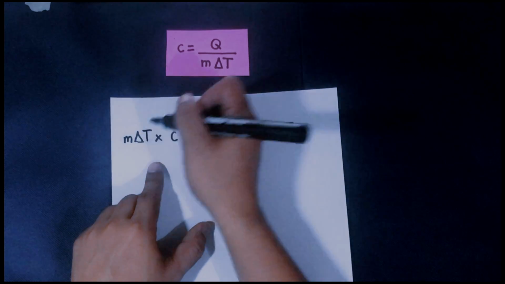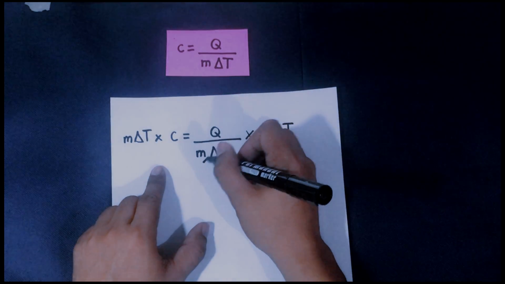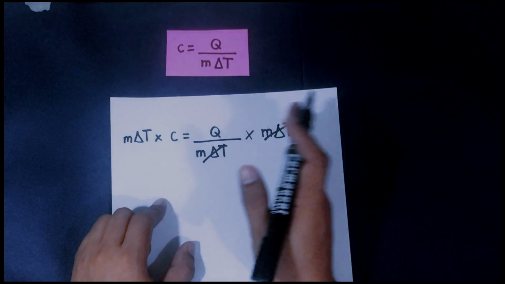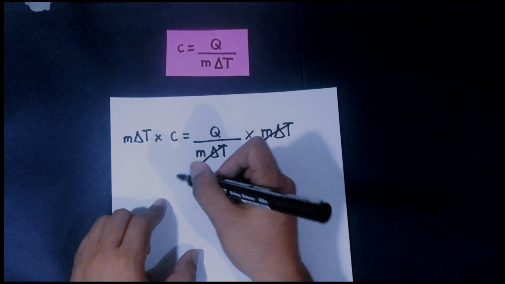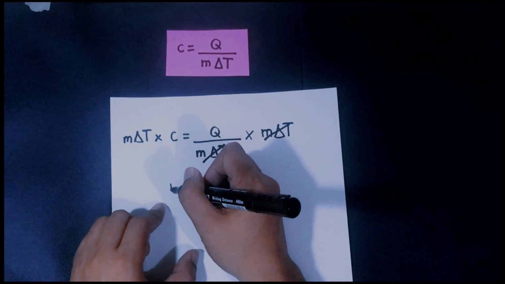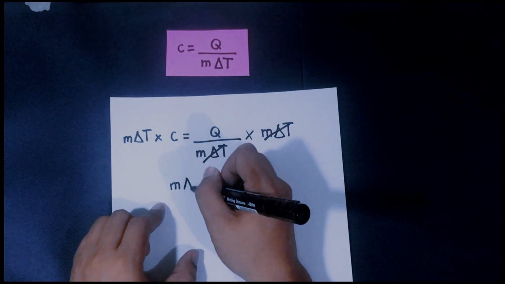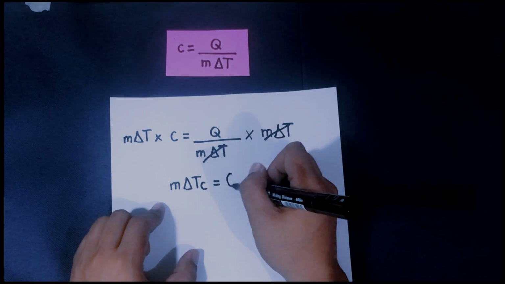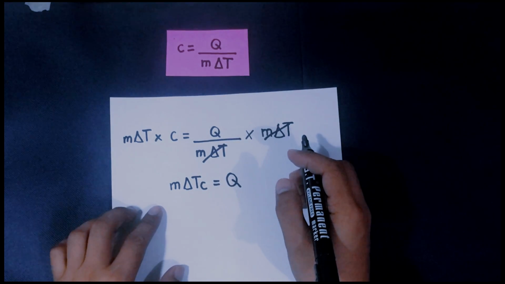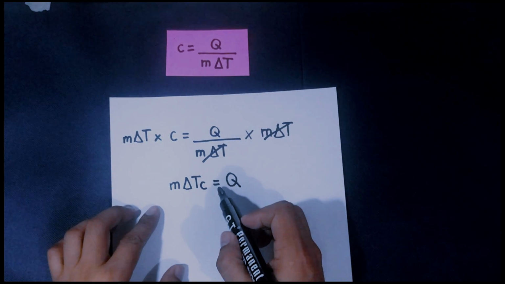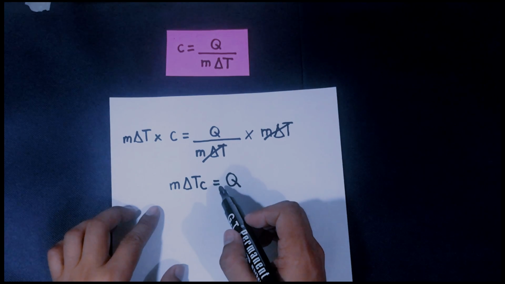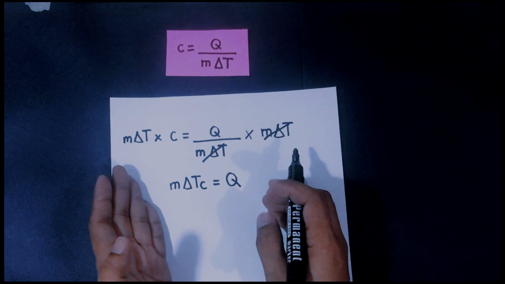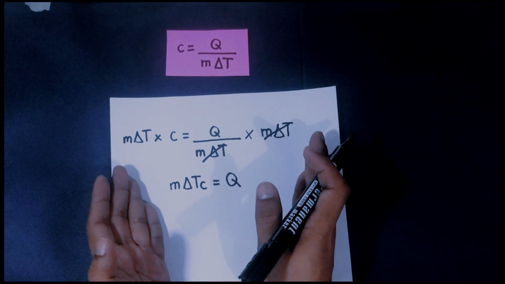Delta T. So we can cancel this and this, and what we only have on this side of the equation is the amount of heat, which is now equal to M delta T C is equal to Q. Now, since our symbol here is equal, it means that the left side of the equation is equal to the right side of the equation.